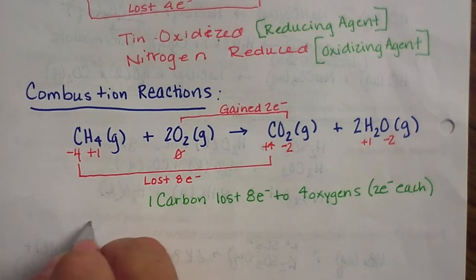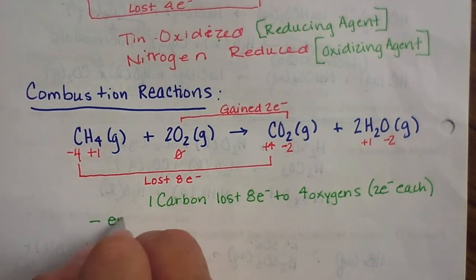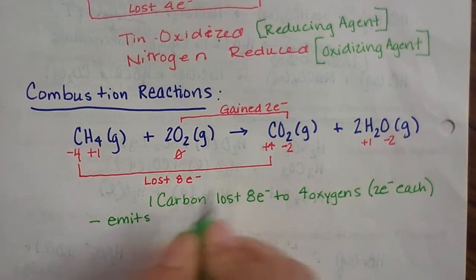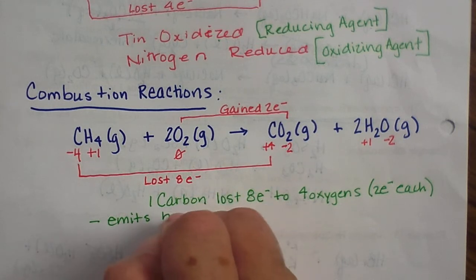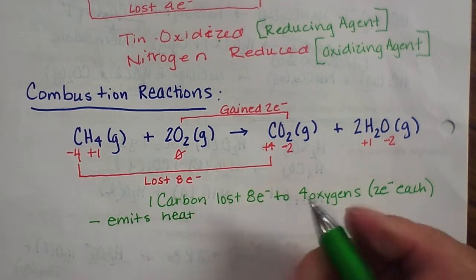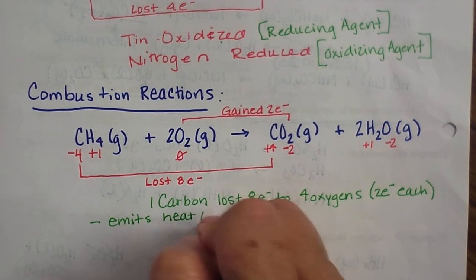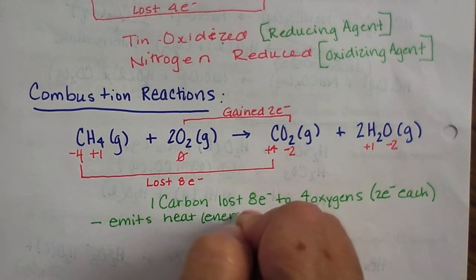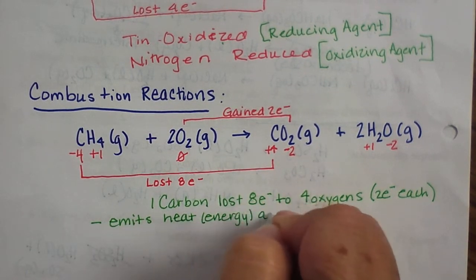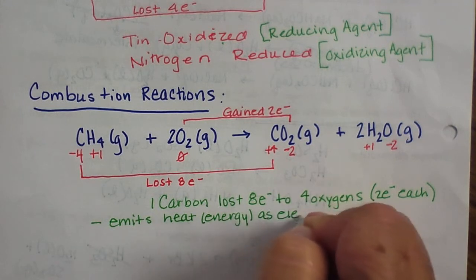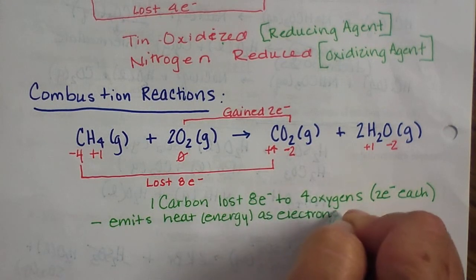And what happens in combustion is that it emits heat, which is energy, as the electrons are transferred.